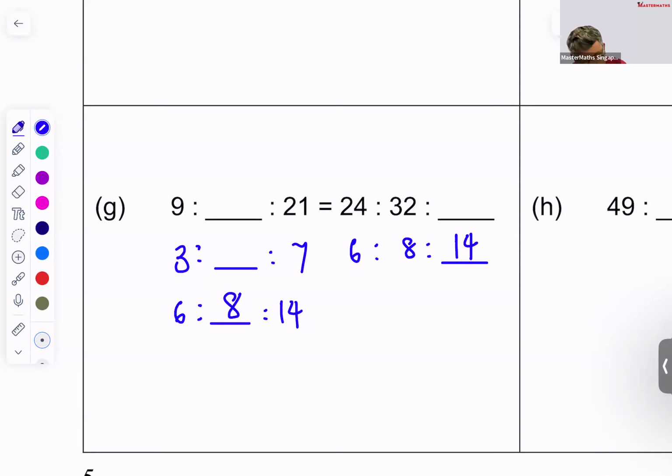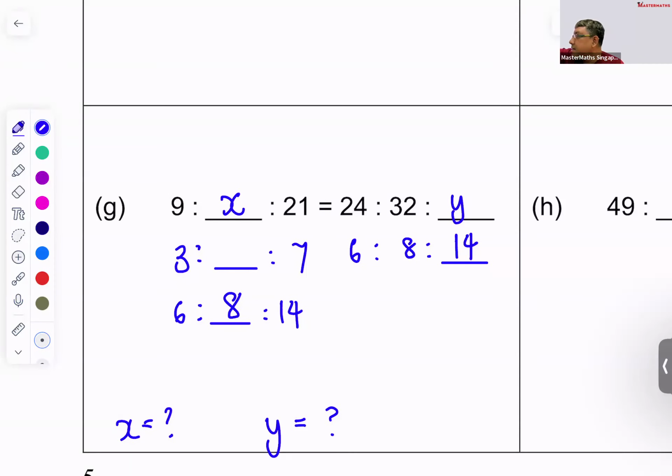Okay? You all learned algebra already? Not yet, right? Okay. So let's say I say this is X and this is Y. What is X and what is Y? Is X 8? Is Y 14? No, X is not 8.